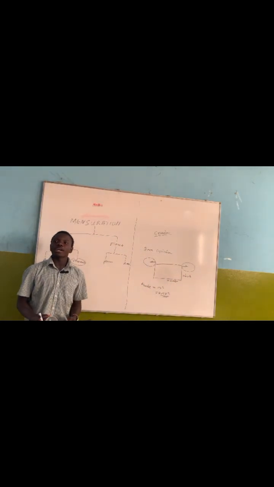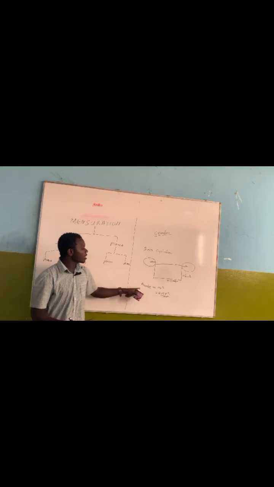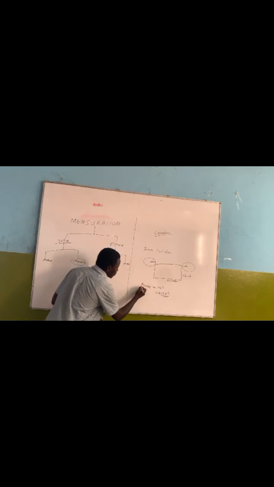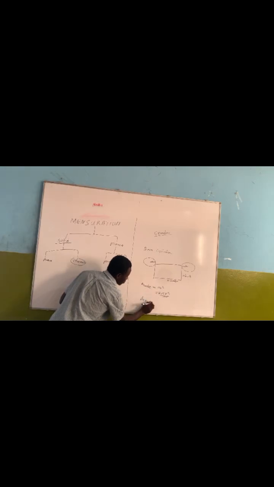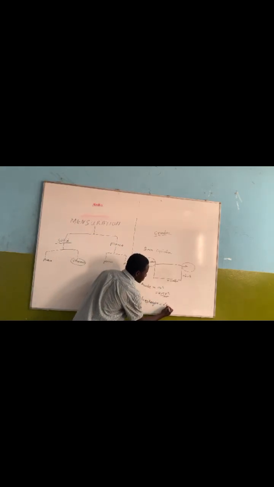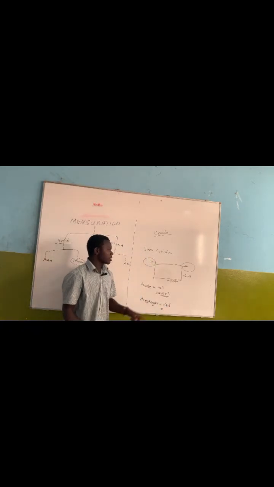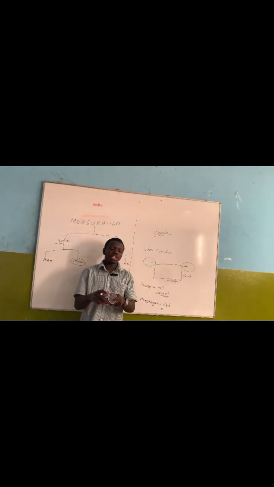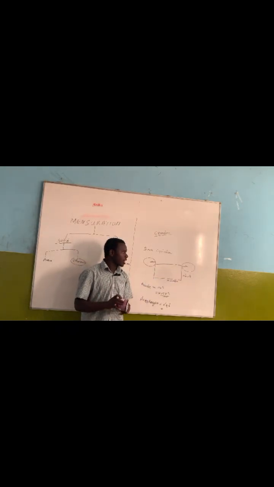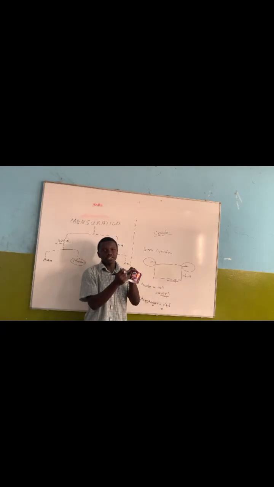Now, how do we find the area of a rectangle? We know that area of a rectangle is equals to length times breadth. So for the area of the circle, now we go for area of the rectangle. So area of a rectangle is equals to length times the breadth, which is nothing but, since we know that the length is the circumference, because the length was the one surrounding the circle, so that makes it to be the circumference of the circle, and the breadth here is nothing but the height of the cylinder.